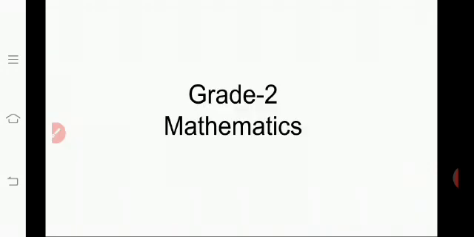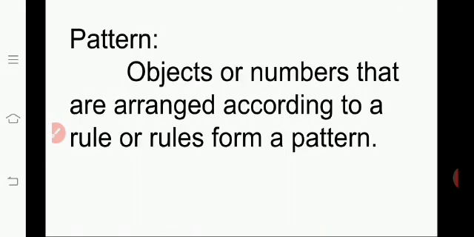Welcome to grade 2 math class. Today we are going to discuss chapter 5, patterns, part 1. In this session, first, we are going to learn what is meant by pattern. What is meant by pattern?